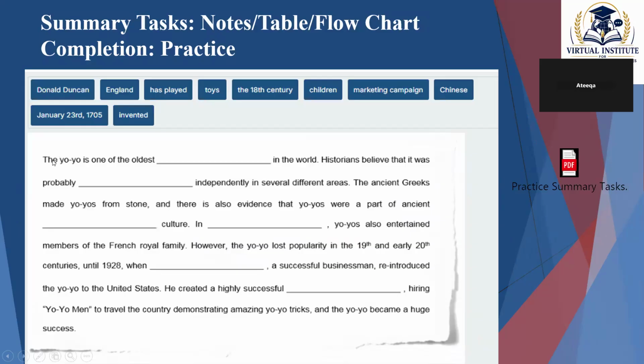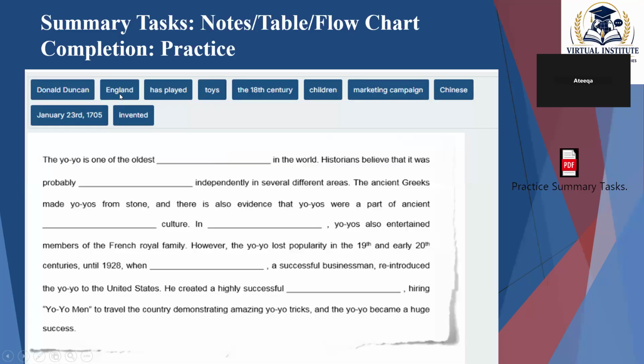By the way, can you tell me, the yo-yo is one of the oldest dish in the world? Can you select an option from these options? Just answer this one question. You can see Donald Duncan cannot fit here.